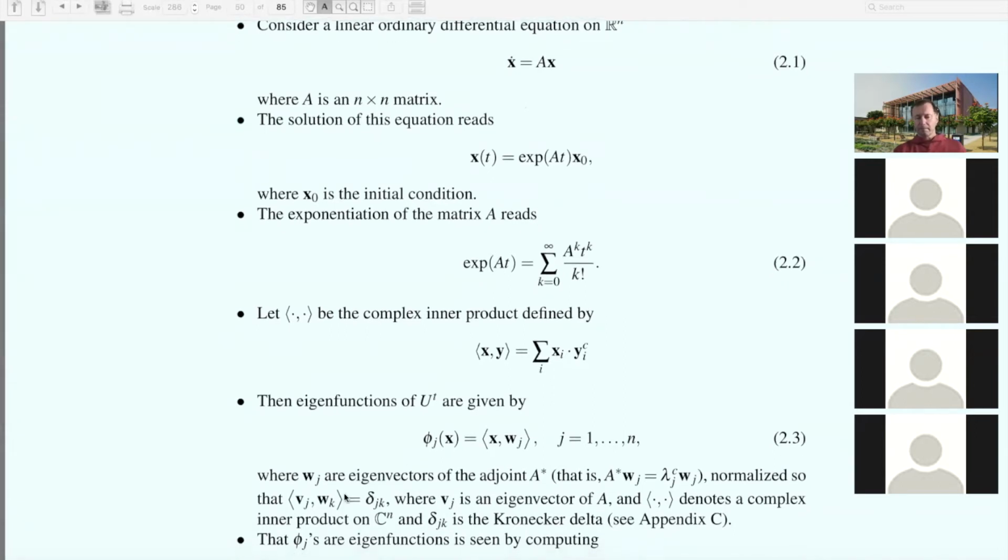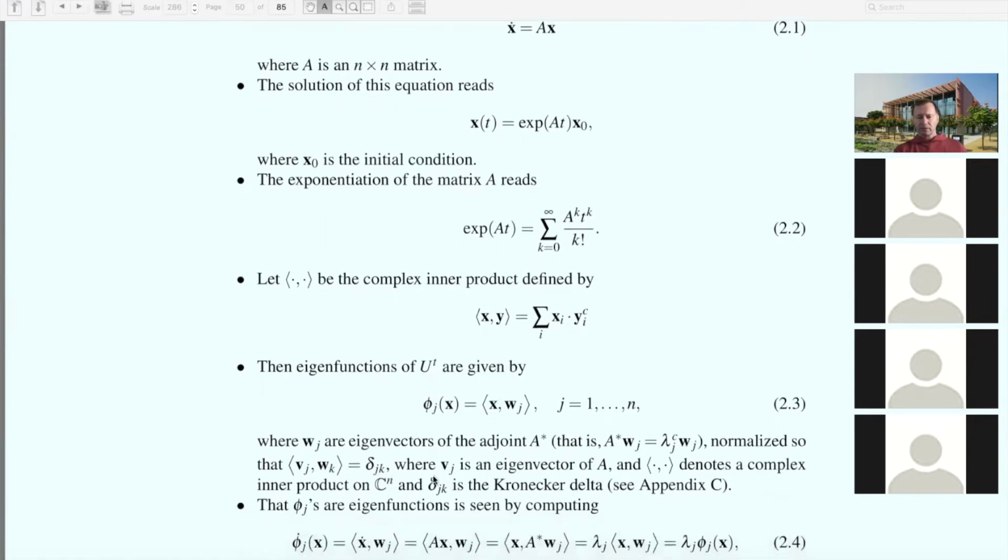Okay, so one of the things I'd like to point out is that the eigenvectors of the matrix A, V_j, and the dual eigenvectors W_k, which are the eigenvectors of the adjoint, can be normalized so that the complex inner product between V_j and W_k is delta_jk, a Kronecker delta that is 0 for j different than k, and 1 for j equal to k. And so far so good.